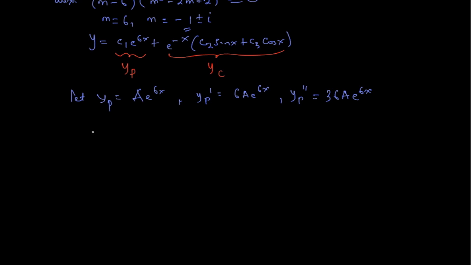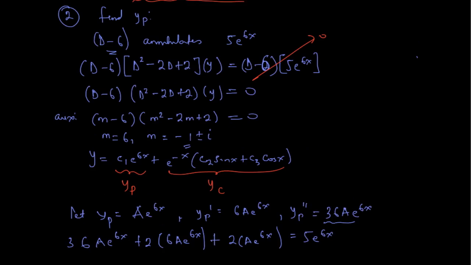So we're substituting all these values back into the differential equation. The first one we have is 36a e to the power 6x, plus 2 times 6a e to the power 6x, then plus 2 times a e to the power 6x equals 5e to the power 6x.